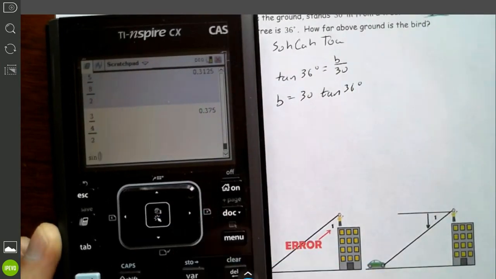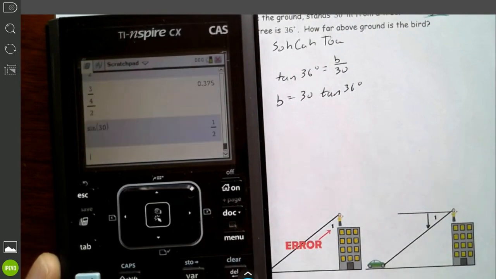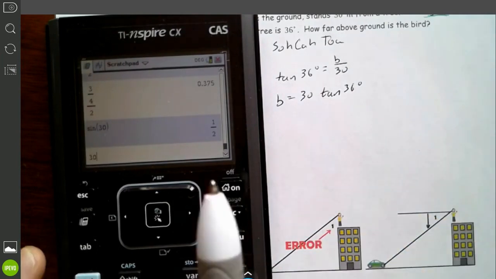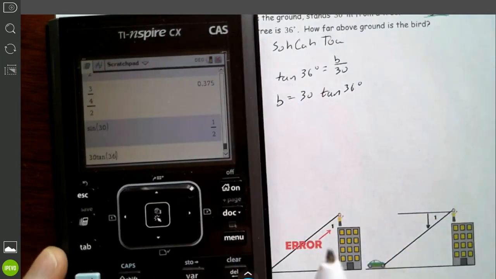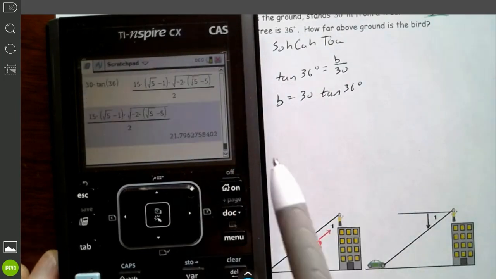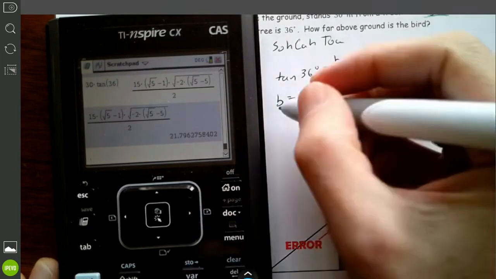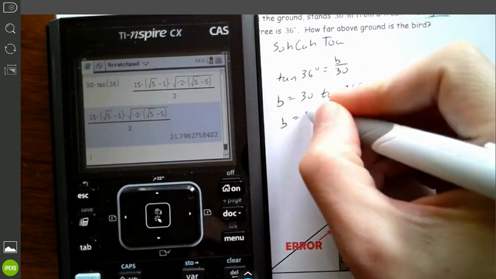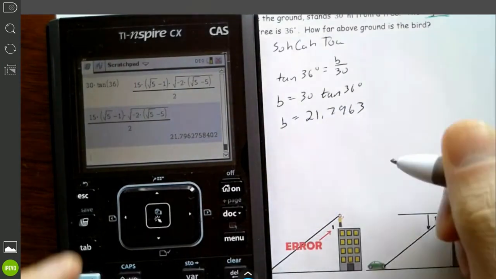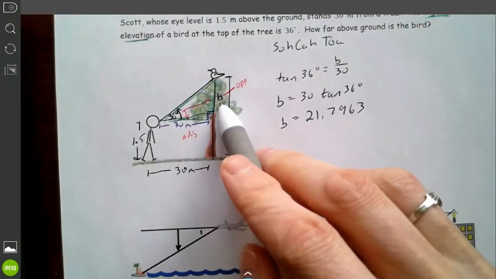So sine of 30 is 1/2. Good, so I'm in degree mode. I know that for a fact. So 30 times tangent of 36 degrees gives, let's get that into a decimal, 21.7963. So B equals 21.7963.